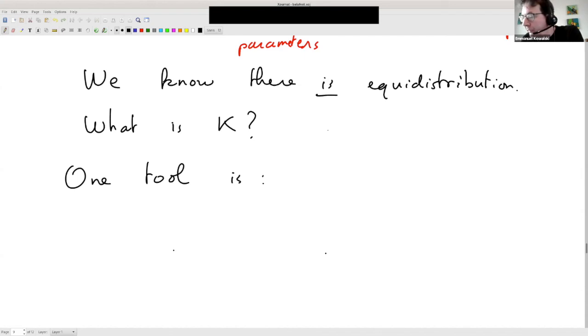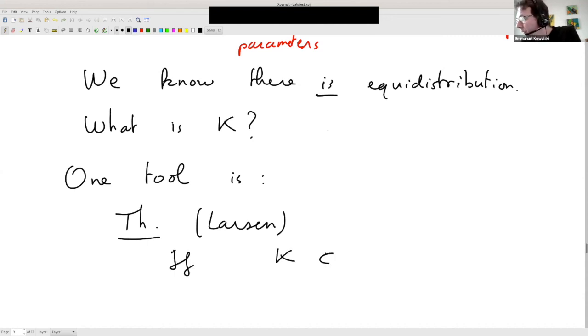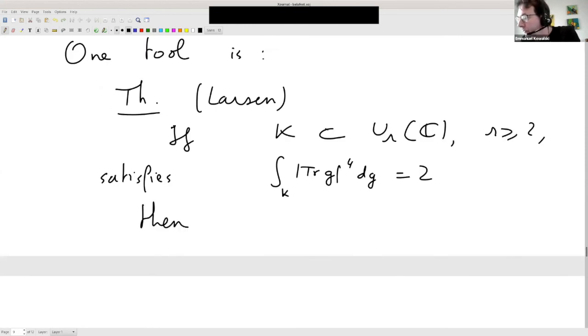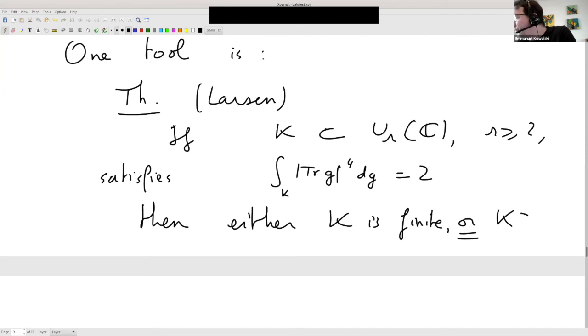It's a theorem of Larsen, which I will state very quickly: if you have a compact subgroup of U_R(C), R at least 2, and this satisfies that the integral of the fourth power of the trace is equal to 2, then either the group is finite or it contains SU_R(C). So either it's very small or it's very big.